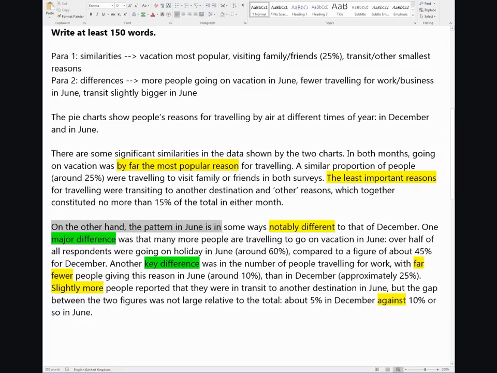For paragraph 2, I've also got this linking phrase to show that I'm changing direction, and that's also important for your coherence and cohesion score. Vocabulary, we talked about things like these collocations or this varied language for comparing things. These are things that will help your vocabulary score. And I think for both vocabulary and grammar, I would hope I don't have any mistakes, which is obviously important for getting a top score.